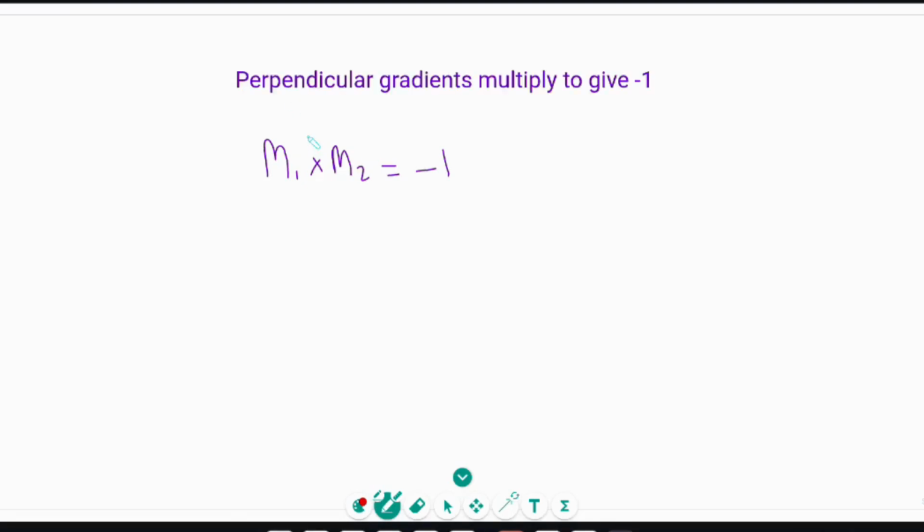So maybe note down this fact: perpendicular gradients multiply to give negative 1.